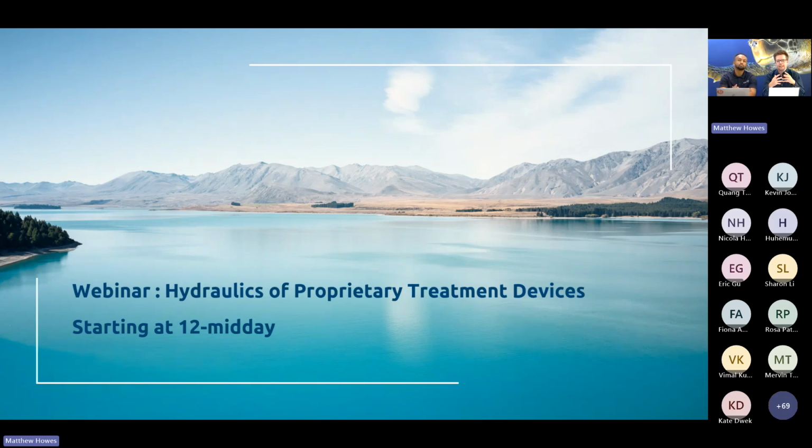And we're starting again this year with an overview of the hydraulics of proprietary treatment devices. As a company, Stormwater 360, we supply a range of treatment devices that all perform in different ways, but all rely directly on the hydraulics of the stormwater network and impact upon the hydraulics of the stormwater network to achieve the treatment outcomes.